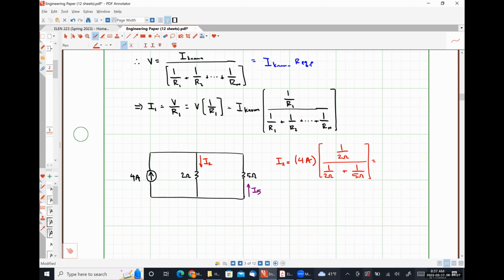I'm going to do a little bit of mental math here. So 1 over 2 is the same as 5 over 10. So I'm going to have 5 over 10 over 5 over 10 plus 2 over 10. So that's going to look like 5/7. So 4 times 5/7 is 20/7 of an amp. You get that in the calculator? Yep, great.